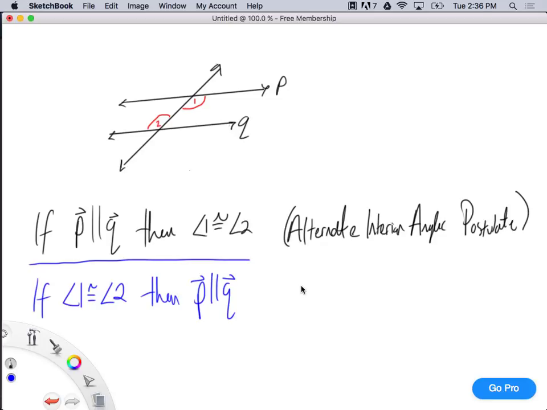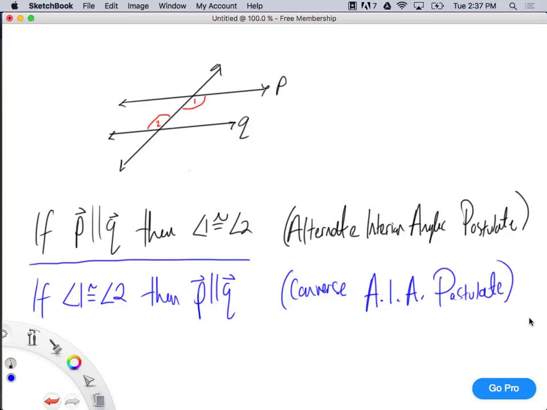Does that make sense to you guys? You understand that? Those two lines must be parallel. And this is called the converse of the alternate interior angle postulate. Do you understand what we're doing?